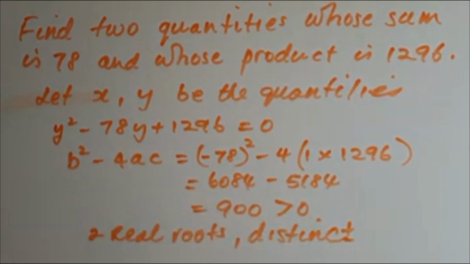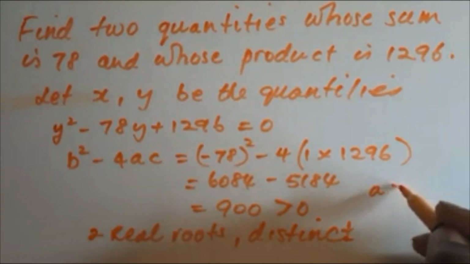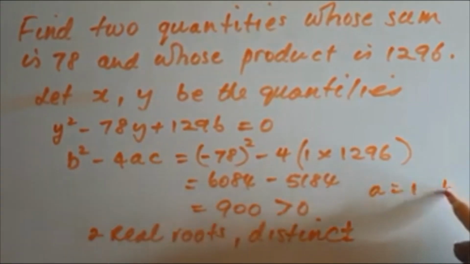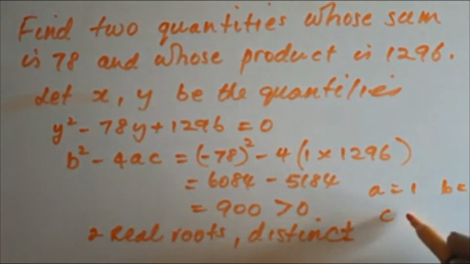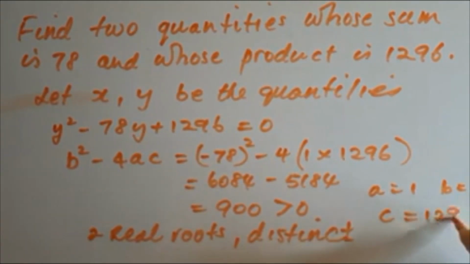This will involve using the quadratic formula, where we have a equal to 1, b equal to minus 78 and c equal to 1296.